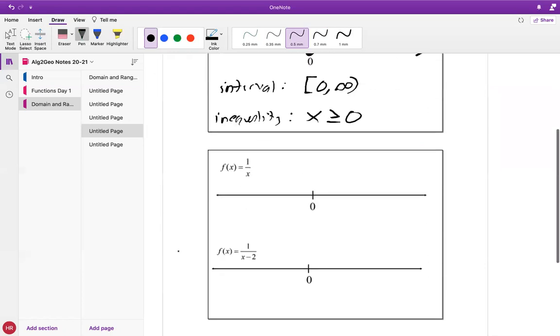And the 1 over x, we were like, well, the only x that doesn't work is 0. And so we imagine I want all of these, not that one, and all of these. We decided that this piece was all the x's that are less than 0. This piece is all the x's that are bigger than 0.